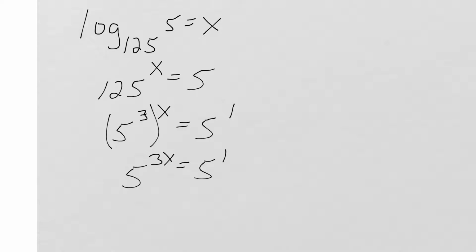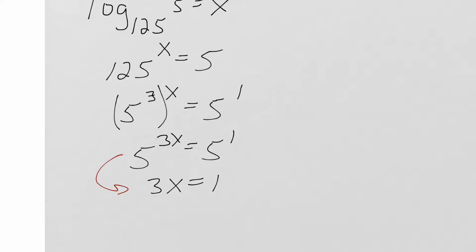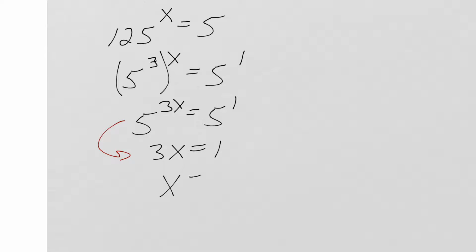And at this point, since the bases are now the same, we can drop the bases and we get ourselves a new equation, 3x equals 1, which when solved gives us x equals 1/3, the solution to the original logarithmic equation. So that's the first type.